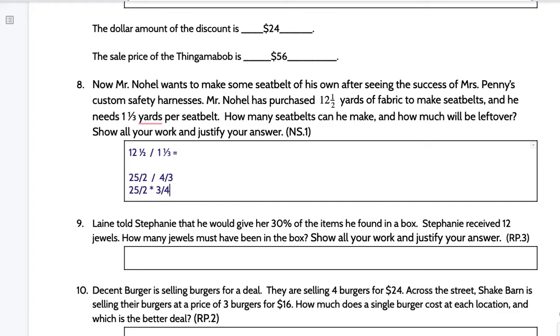Then you multiply straight across. 25 times 3 would be 75, over 2 times 4 is 8. 75 divided by 8 is 9, and 9 times 8 is 72, so there would be 3 left over. So 3/8. 9 and 3/8.